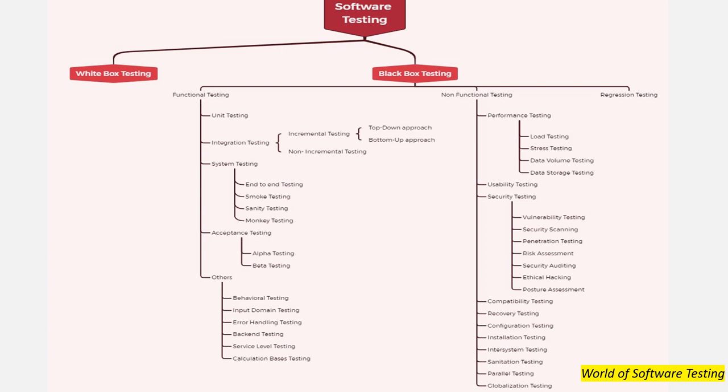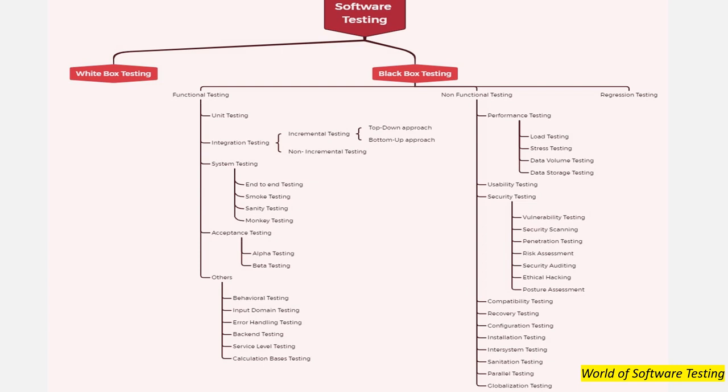The error handling testing is performed to check whether the system is able to handle the errors that may happen in future. If there are some incorrect transactions going on, then the system should throw some errors. That can be checked in the error handling testing.